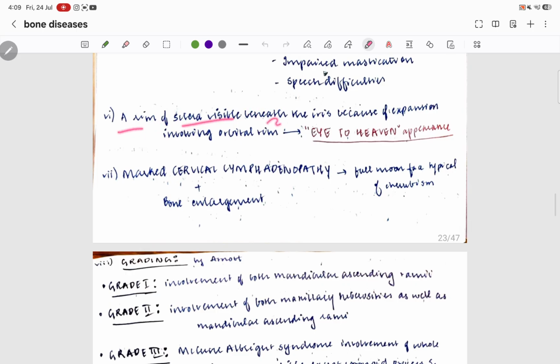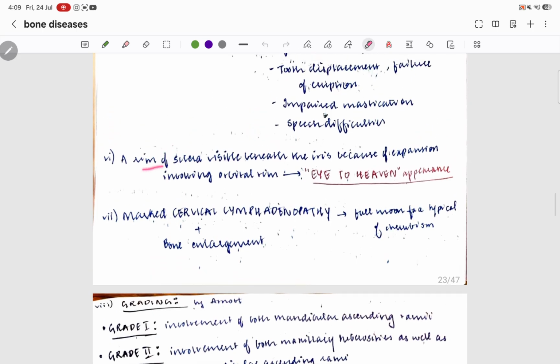A rim of sclera is visible beneath the iris because of expansion involving the orbital rim.